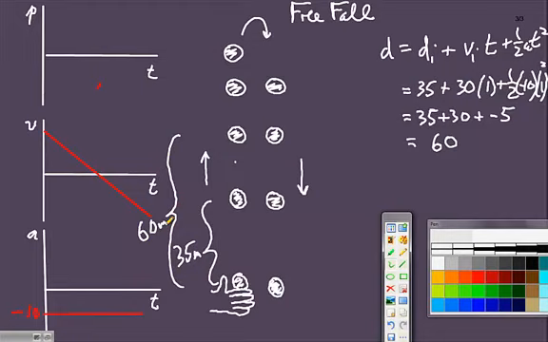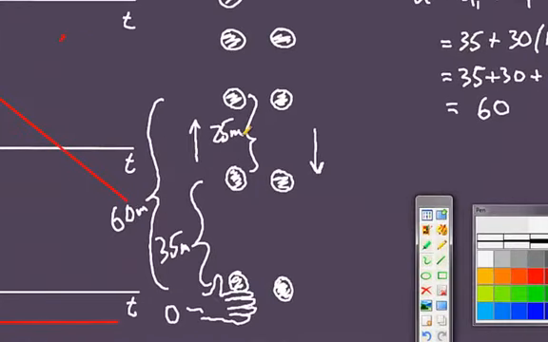It means that after 2 seconds, the ball will be 60 meters from our origin, which we had marked down here. But if you do 60 minus 35, you'll see that in the second, right here, it only covered 25 meters, whereas in the first second it had covered 35 meters.